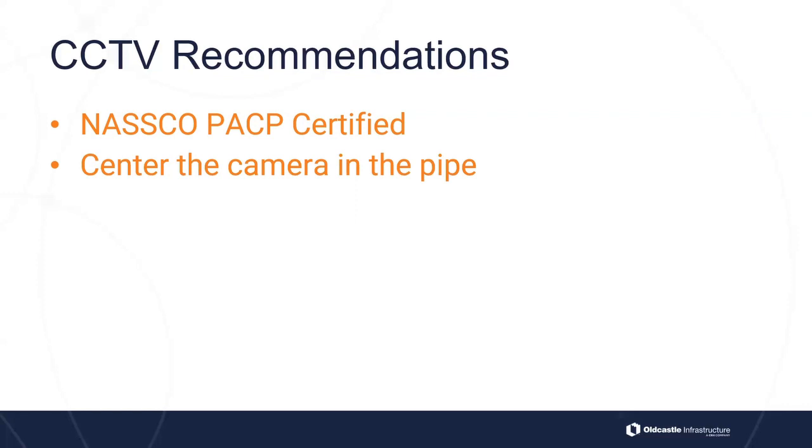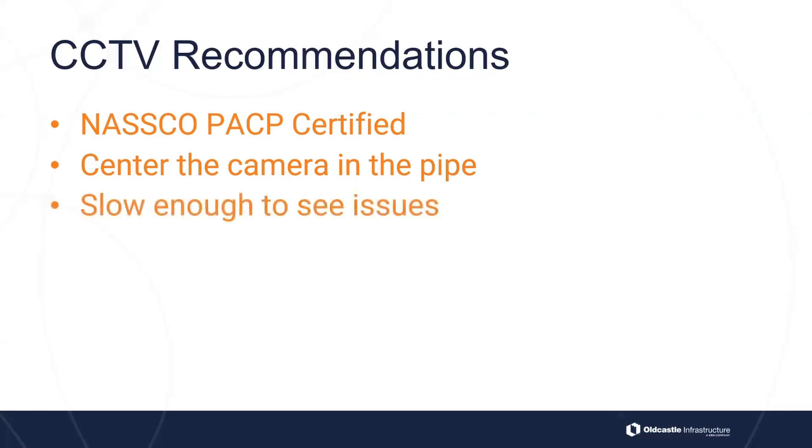Similarly, when they get to the top of the pipe, if the camera is too low, it may look like the crack isn't an issue when maybe it would be, or the joint gap isn't an issue when maybe it's a little bigger than it really appears on the camera. So if it's centered in the pipe, then we can get a really good reading on these, and a good idea of what's happening.